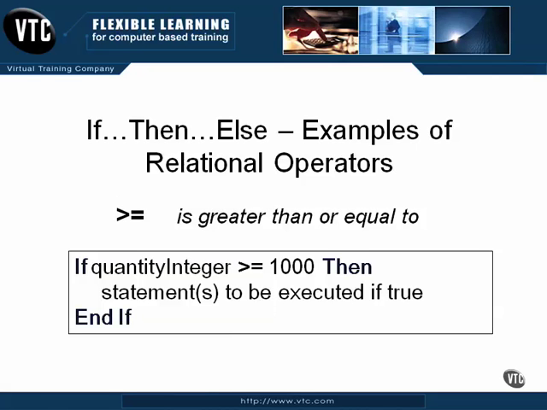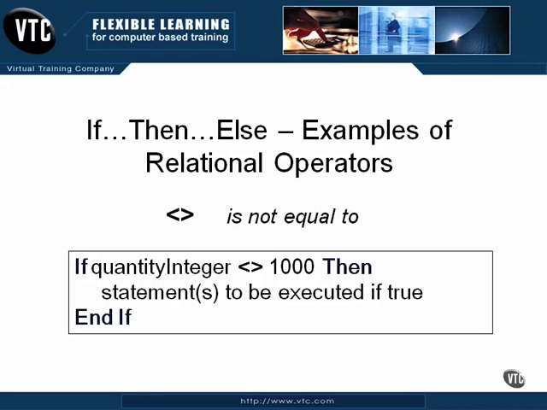That is, every value of quantity integer of 1000 and more would make this statement true. Likewise, the less than or equal to symbol, if quantity integer less than or equal to 1000, would include all values that are less than and including 1000. That would make the statement true, and the following statements would be executed.